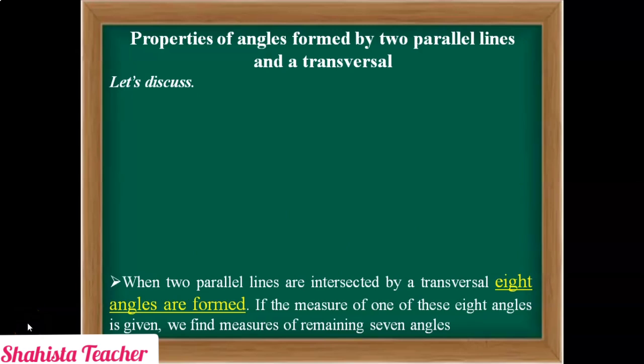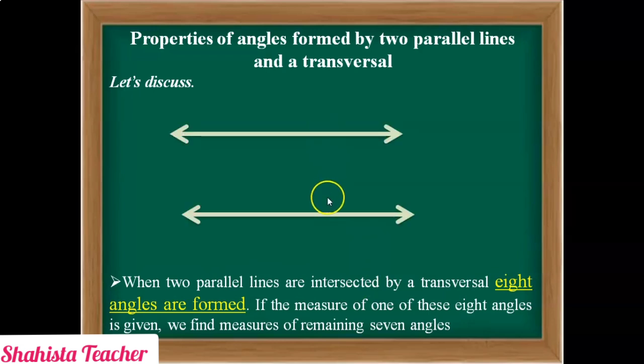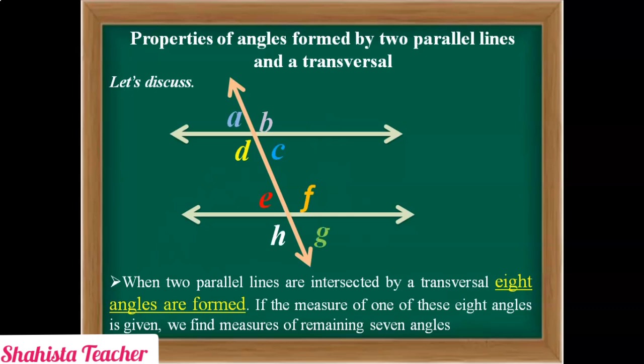Now students, let's discuss the property of angles formed by two parallel lines and a transversal. When two parallel lines are intersected by a transversal, 8 angles are formed: A, B, C, D, E, F, G and H. So total how many angles are present?